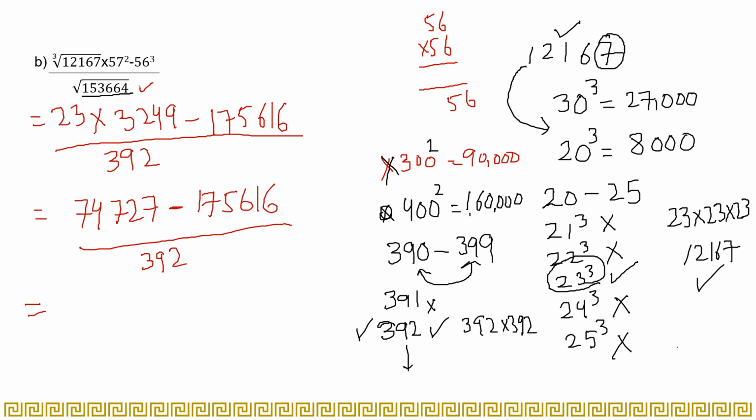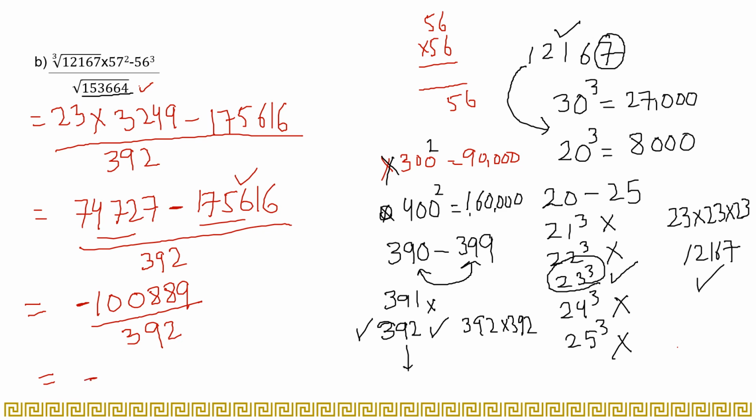Now you have to subtract these two numbers and you will get 100889. Now which sign will appear with this number? See which number is greater. Here we have 6 digits and here we have 5 digits, so obviously the second term is greater, so a minus sign will appear here, and divided by 392.